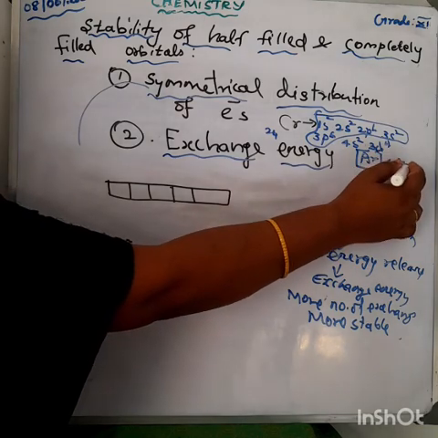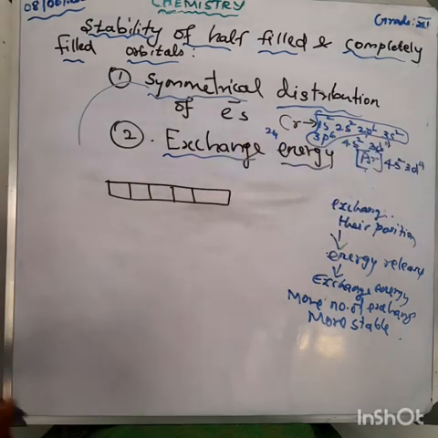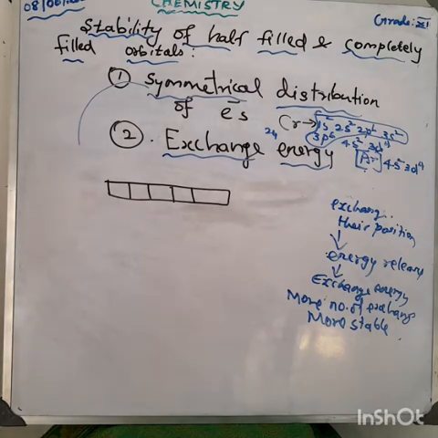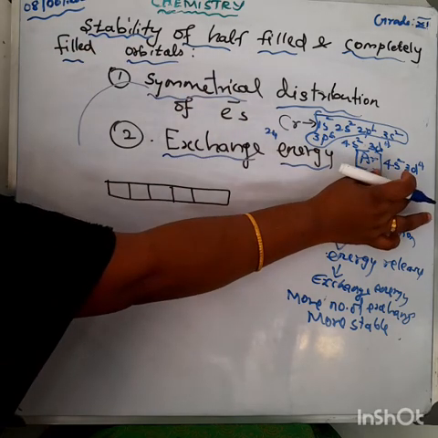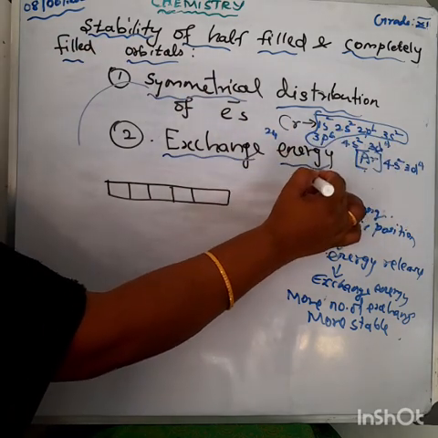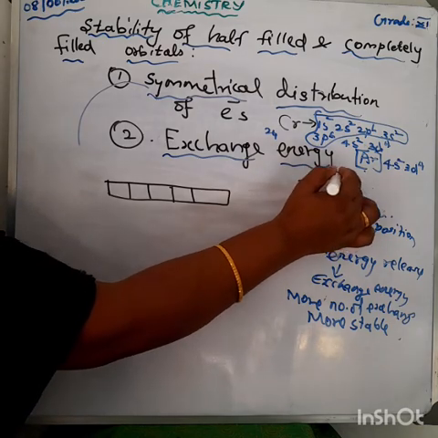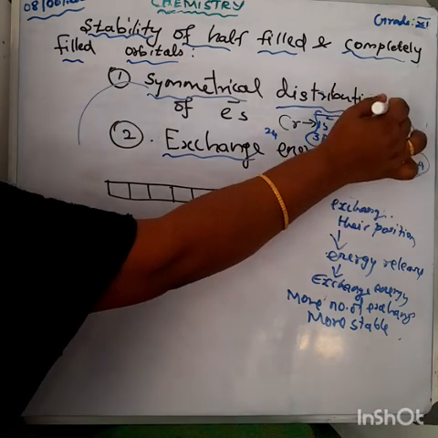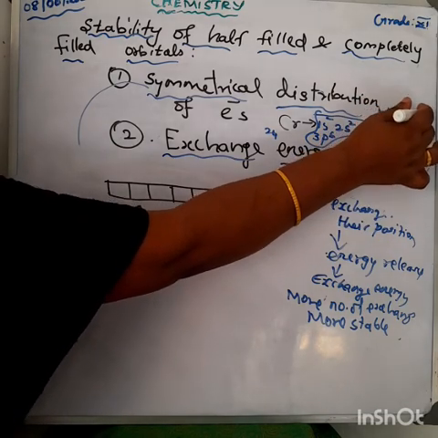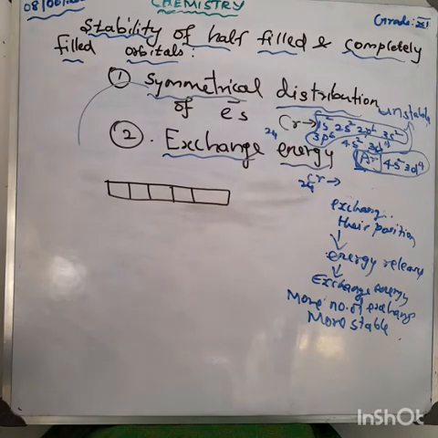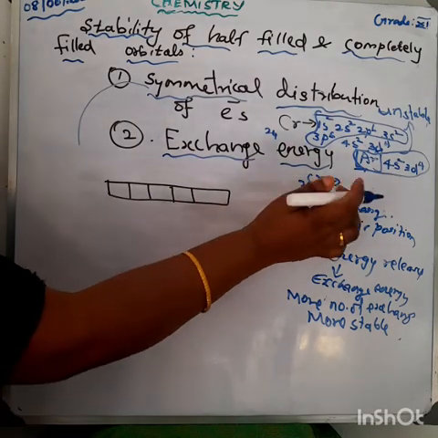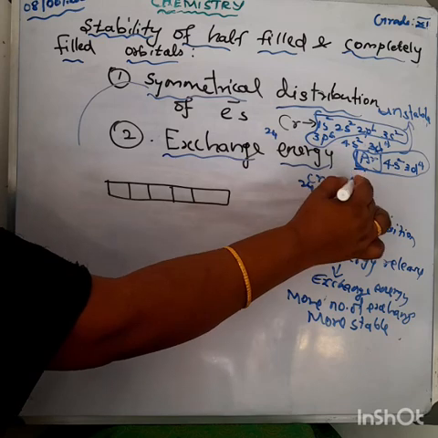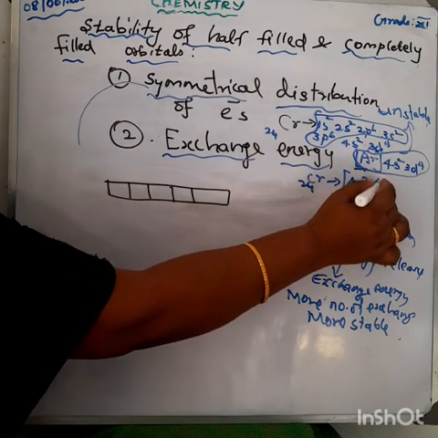And then 4s2, 3d4. This is the expected configuration of chromium, argon 4s2 3d4, but it is not stable. The other configuration of chromium is argon 4s1 3d5.